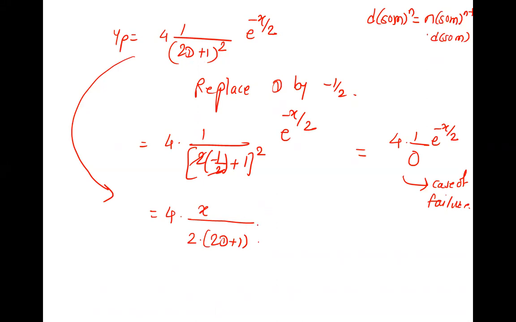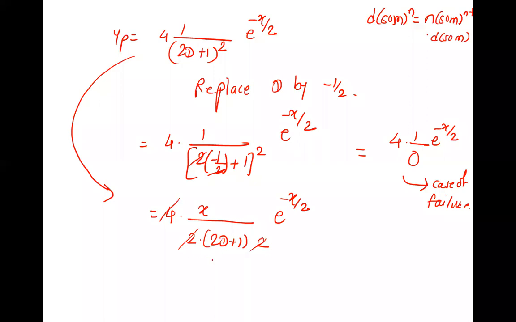What is derivative of something? 2 with respect to D it is. So 2 and ones are 0. So into 2. Yes. E raised to minus x by 2 as it is. Okay. So this 2 into 2, 4, and this 4 get cancelled.